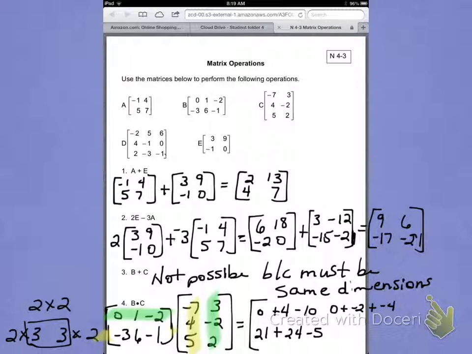Okay, then bottom row, can't seem to get this moved over.